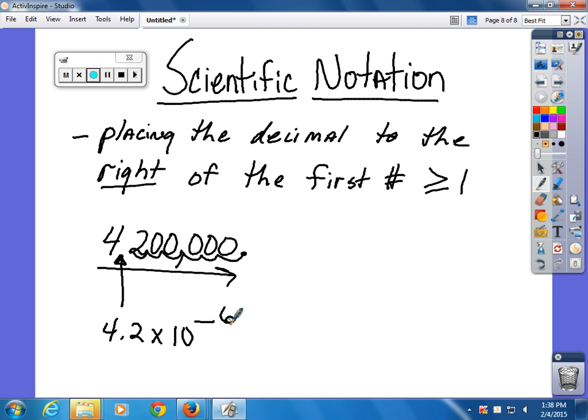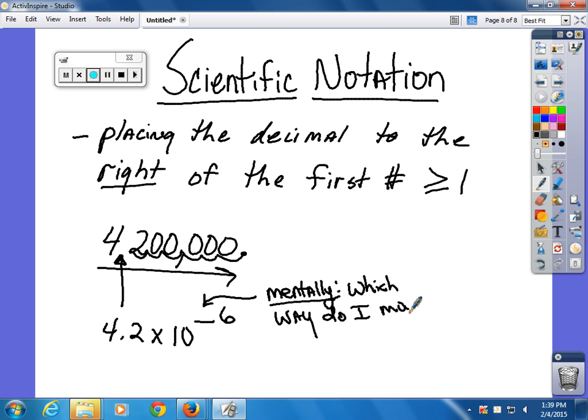How do you establish this sign? Well, you ask yourself mentally. Mentally means what? In your head. Which way do I move the decimal to get the original form?